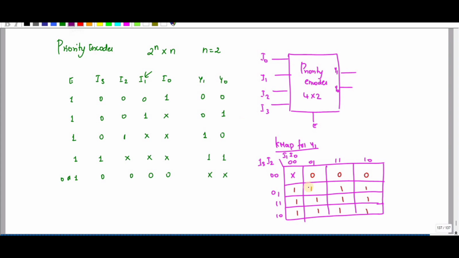So I am going to group these. If I group this, I will get I2, and if I group this one, I will get I3. So my Y1 is equal to I2 plus I3.